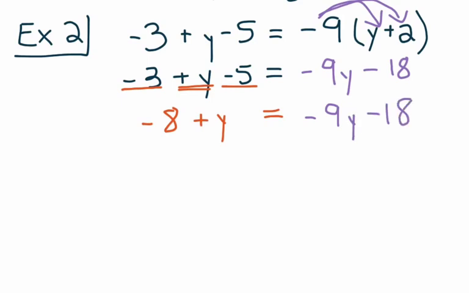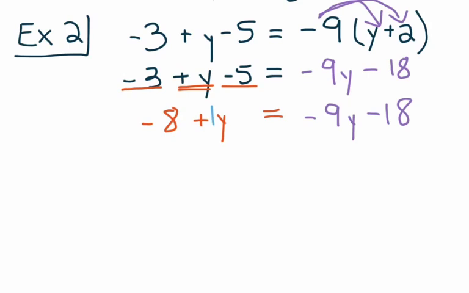At this point in the problem, on the left side, I have a constant and a variable. On the right side, I have a variable and a constant. So there is now nothing more I can do to simplify either side of the equal sign. So I'm going to start moving things around. Let's go ahead and put a 1 in front of this variable term.